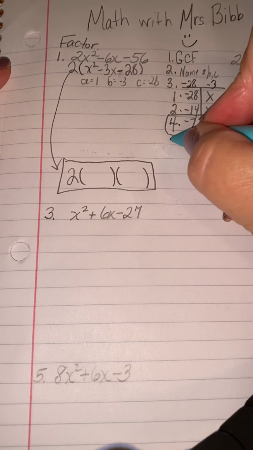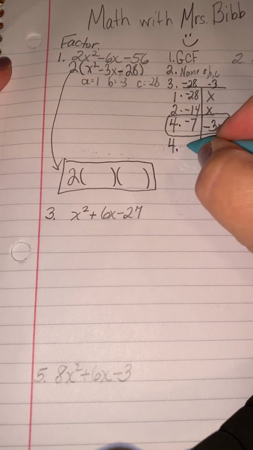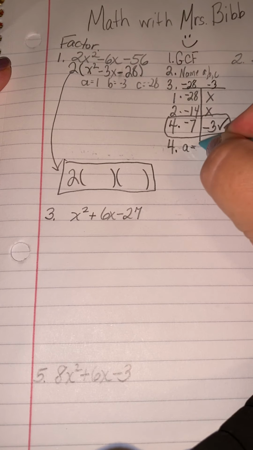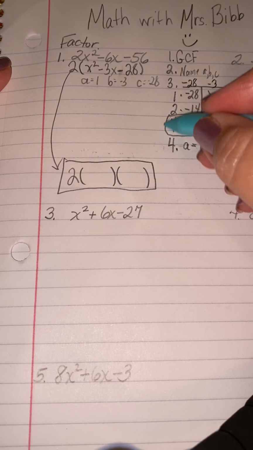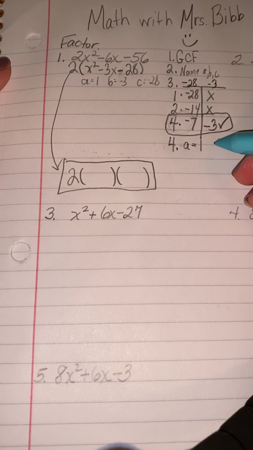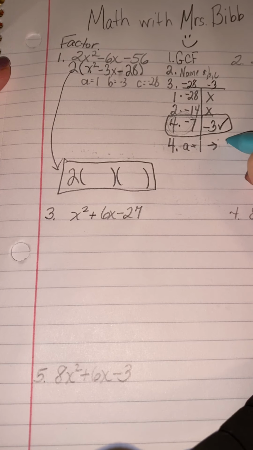The final thing that you do, and really there are two choices. If A is 1, then you can go straight to your answer. These go into your parentheses.